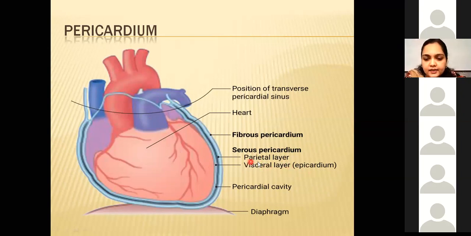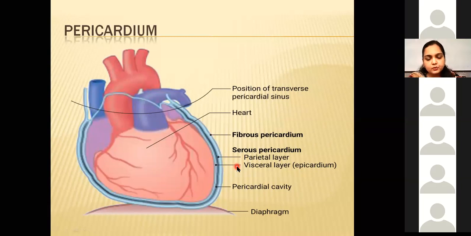Here we have the parietal layer, and between it and the visceral layer there is a small potential space. That space is filled with pericardial fluid and it is termed the pericardial cavity.